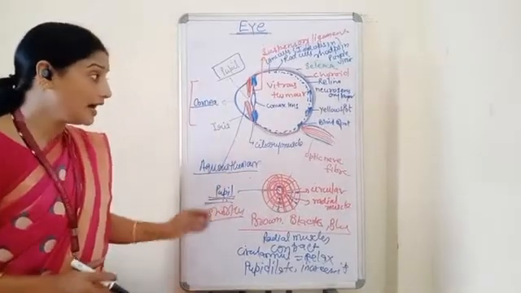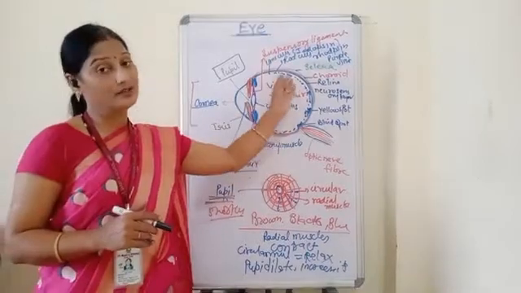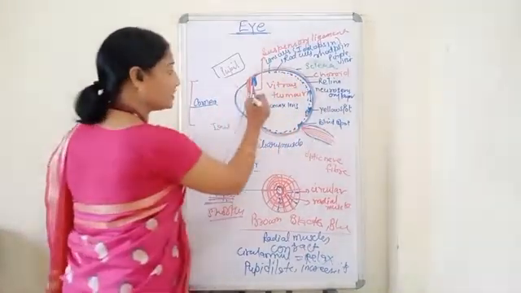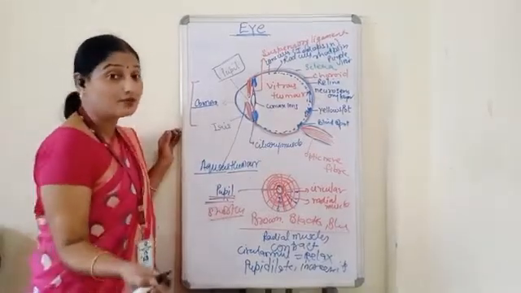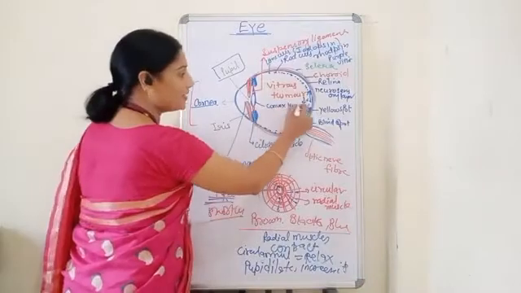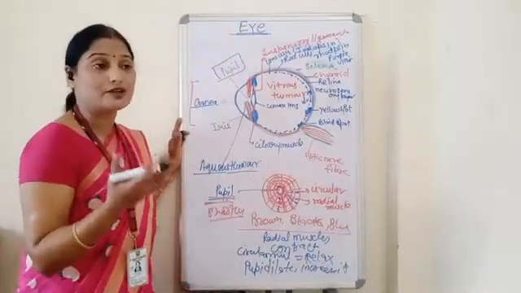Now whatever images are formed on the retina, the image is always inverted. Clear? The image is inverted because a convex lens always forms an inverted image. And this inverted image, while moving, comes to the yellow spot. At the yellow spot, the image will become concentrated.